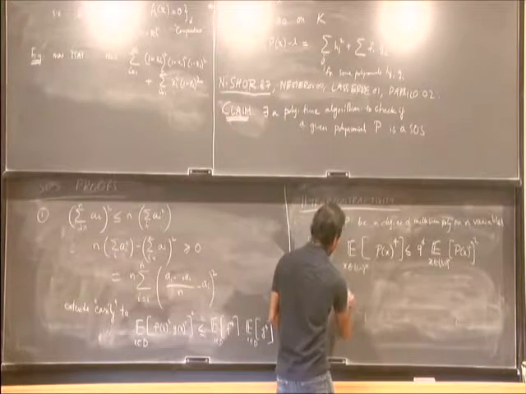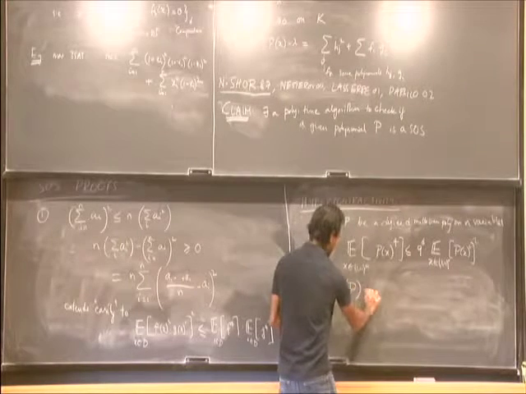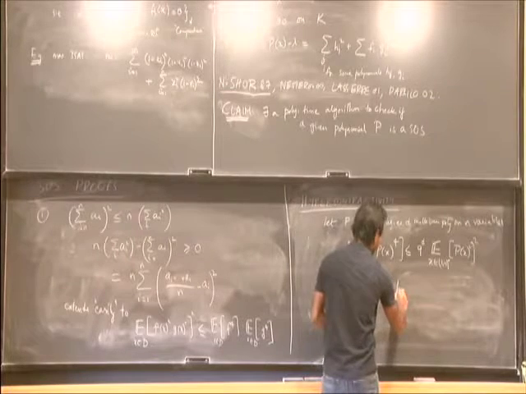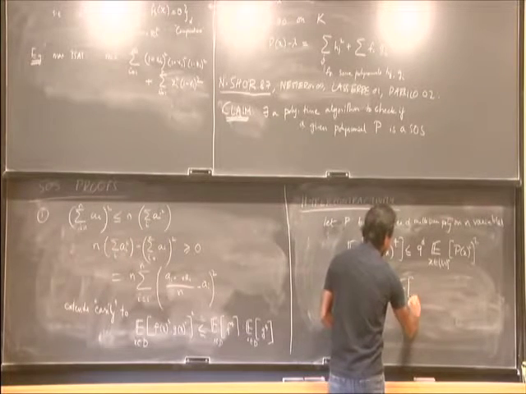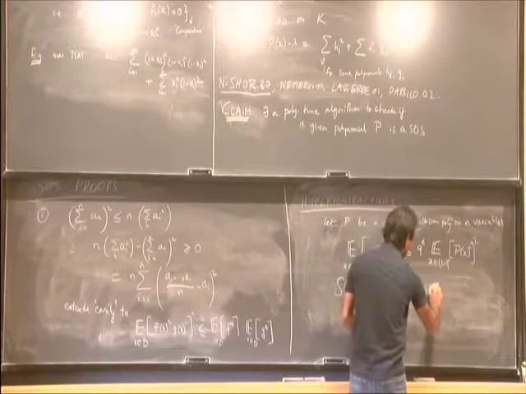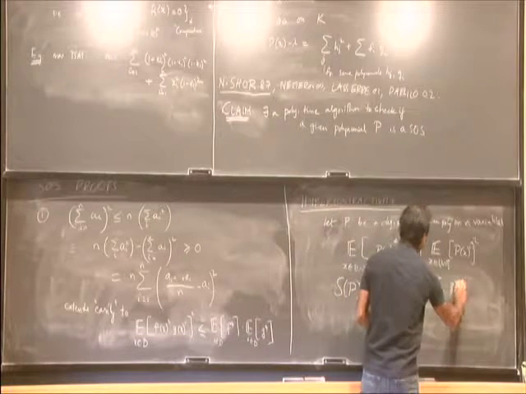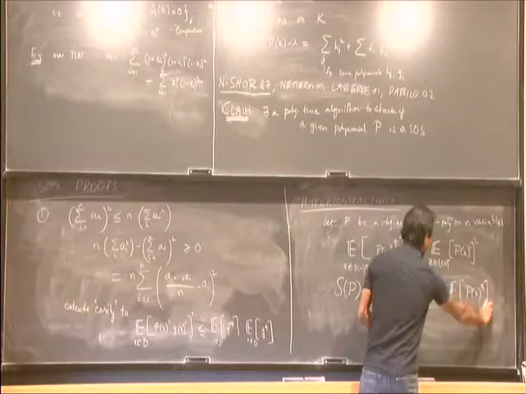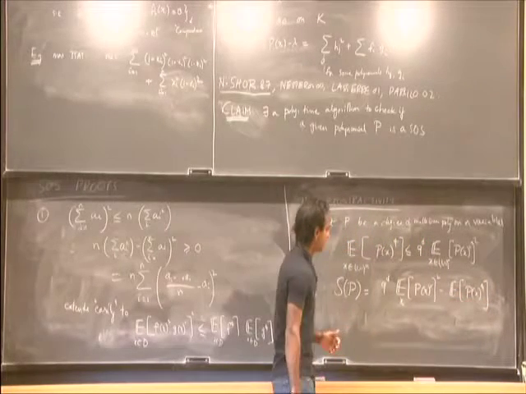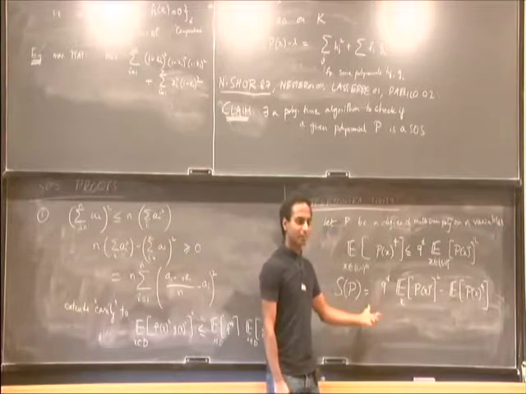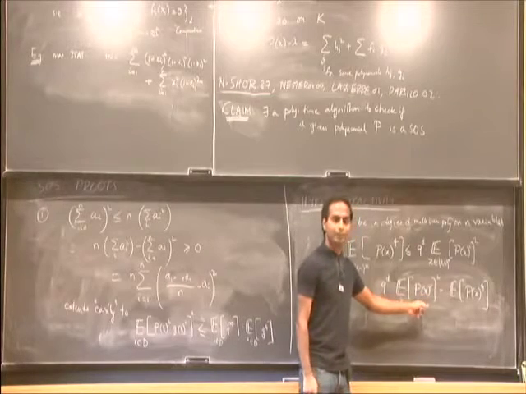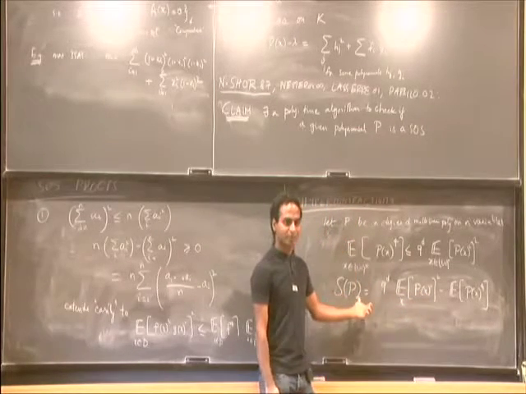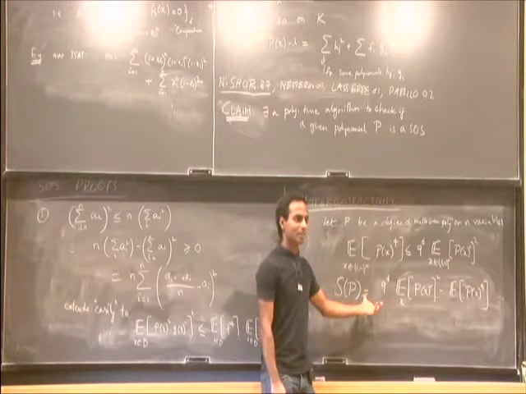So what we are saying is, let's look at this degree 4 polynomial, which is this guy. This is a degree 4 polynomial in the coefficients of P. And we're saying that this is always non-negative, and I'm saying this also has a sum of squares proof.